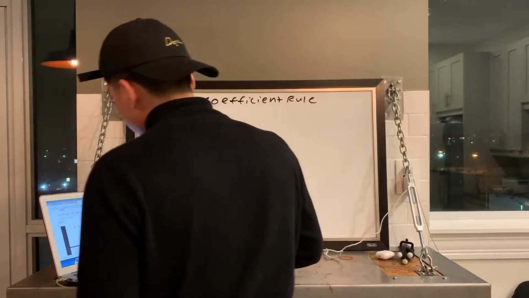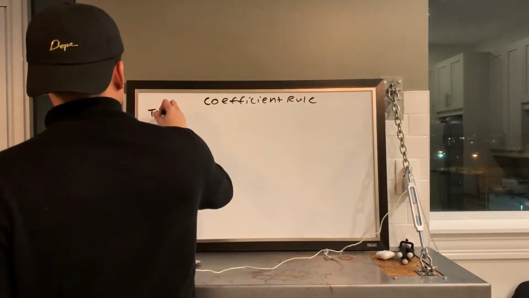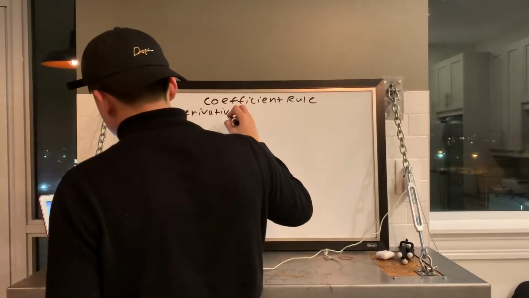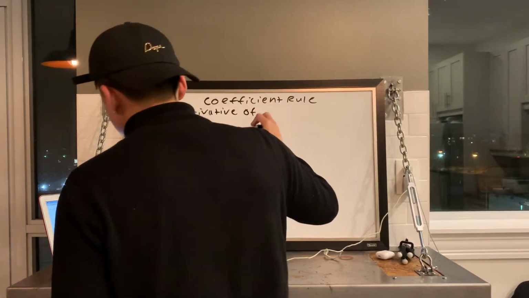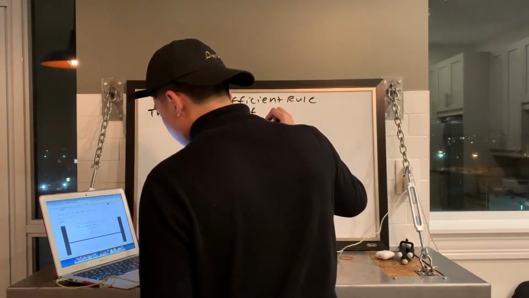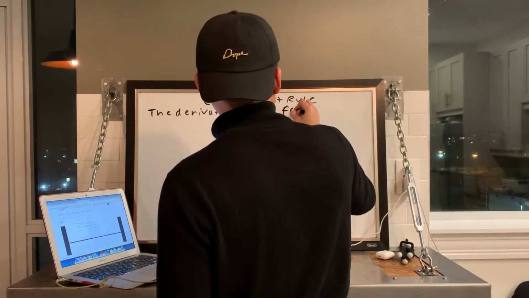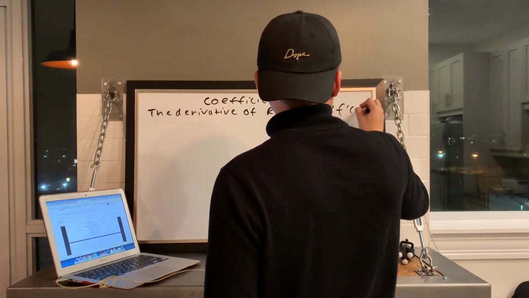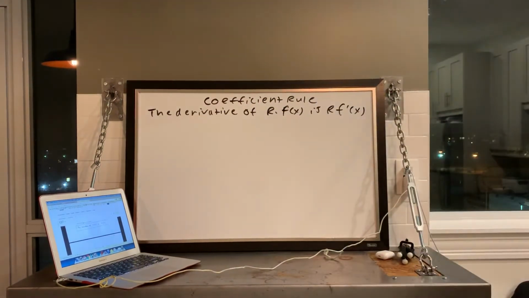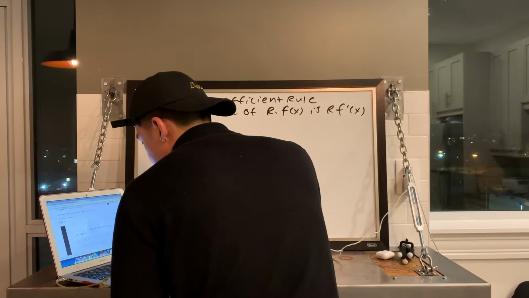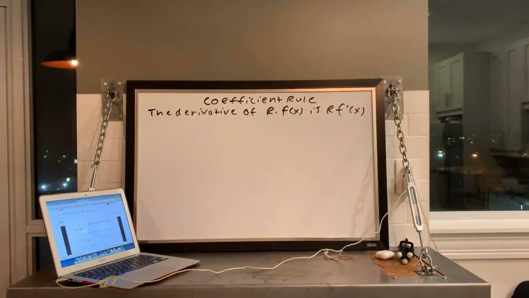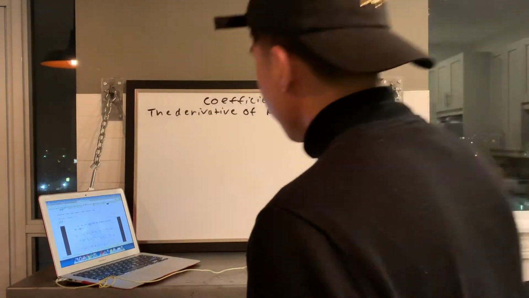The derivative of r times f of x is r times f prime of x. That's essentially what happens. You take that constant out in front. So we just differentiate the function and ignore the constant that's in front of it.